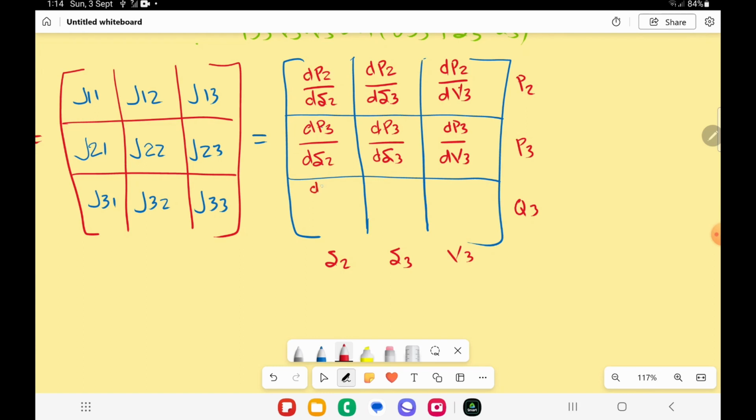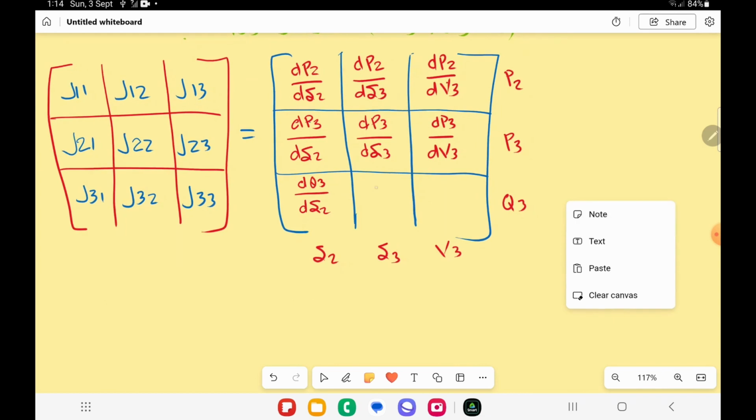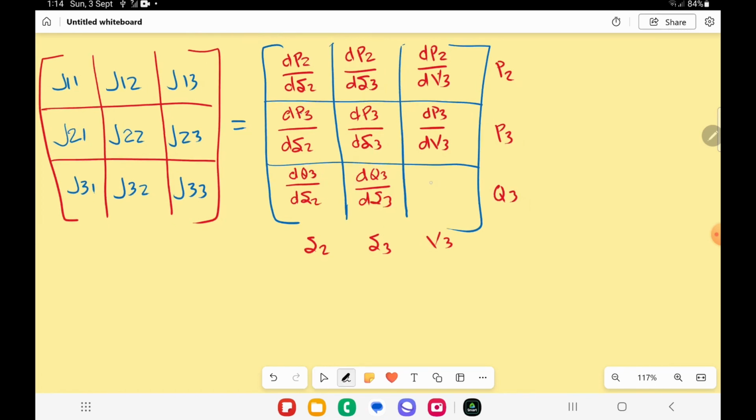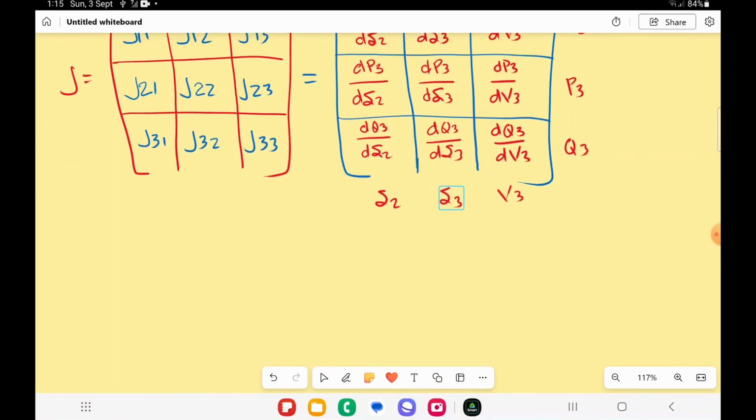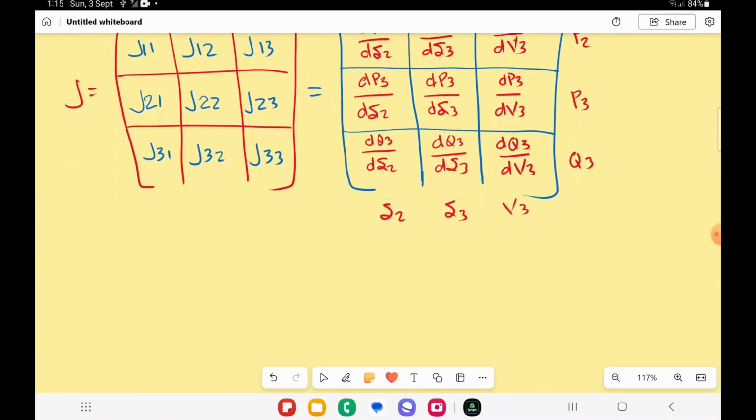For J31, partial derivative of Q3 in terms of delta 2. For J32, partial derivative of Q3 in terms of delta 3. And for J33, partial derivative of Q3 in terms of B3. So we will write the elements of each Jacobian matrix.